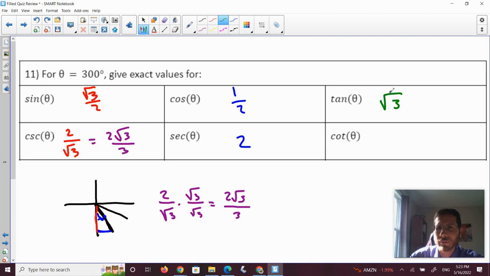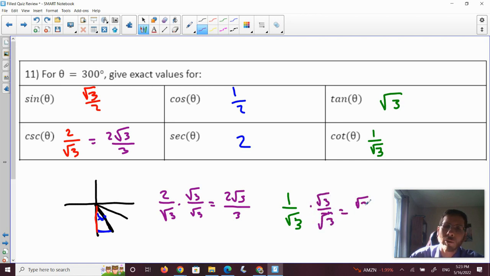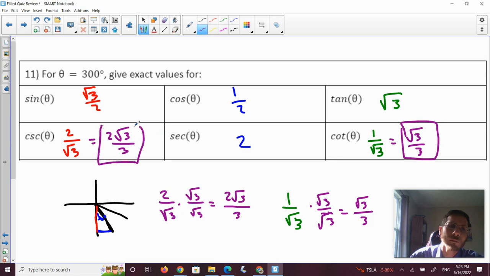And then for the last one, square root of 3, if we flip it, we would get 1 over square root of 3. Multiply both the top and the bottom by radical 3, and we get radical 3 over 3. And that's it. So we're all set.